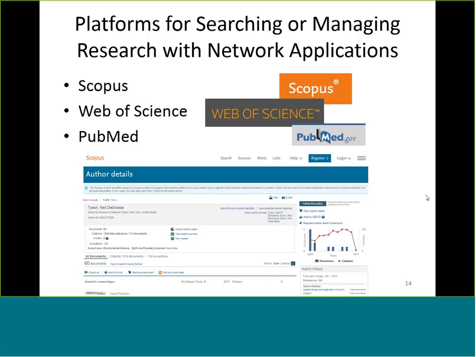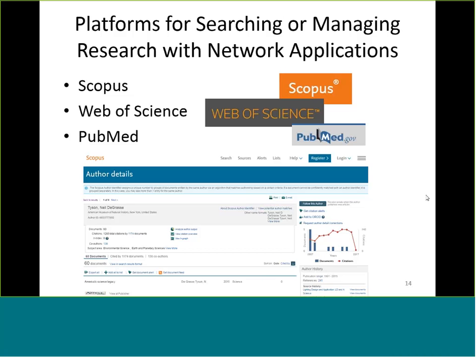These products are indexes for huge amounts of journal research, but they also include places where you can really do a very nice author profile. And if you choose to do this, as with all of these other platforms, if you're on Academia.edu, if you join a research repository, you want to be connecting that ORCID ID number to your profile so that across all of these platforms, people can find you.